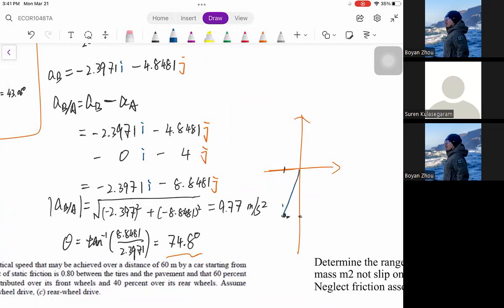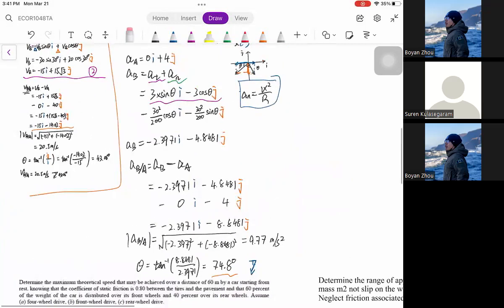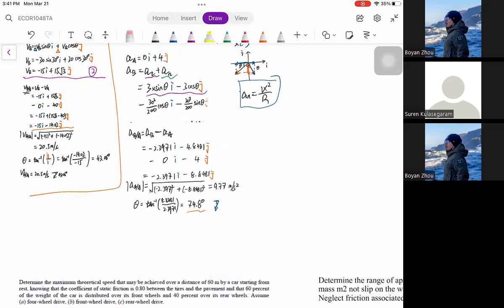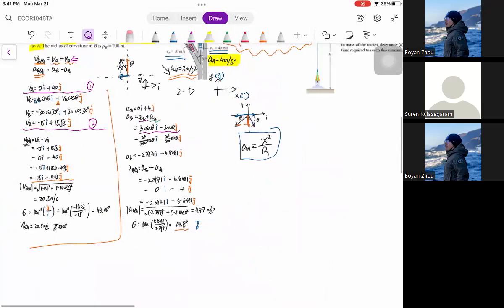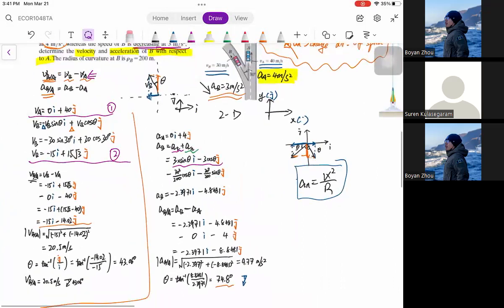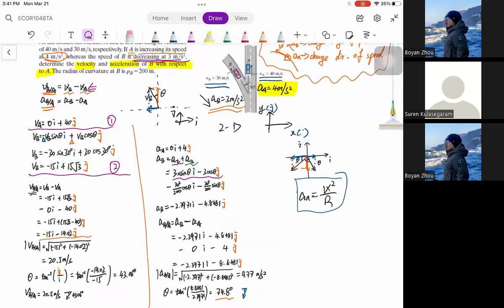Then your angle is pointing this way, and this one is going to be the 74.8 degrees, pointing in this direction. Okay, so that is everything for question 3.